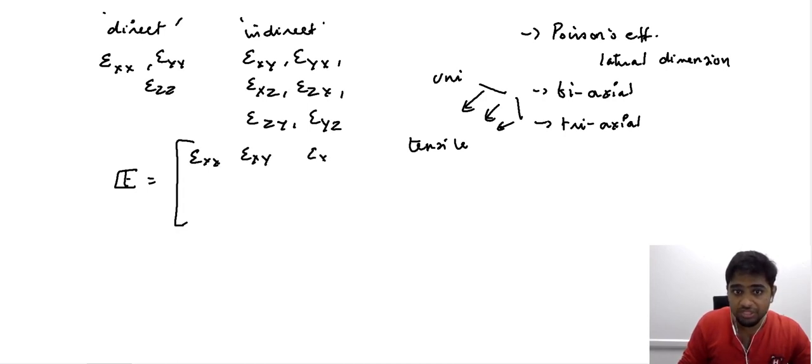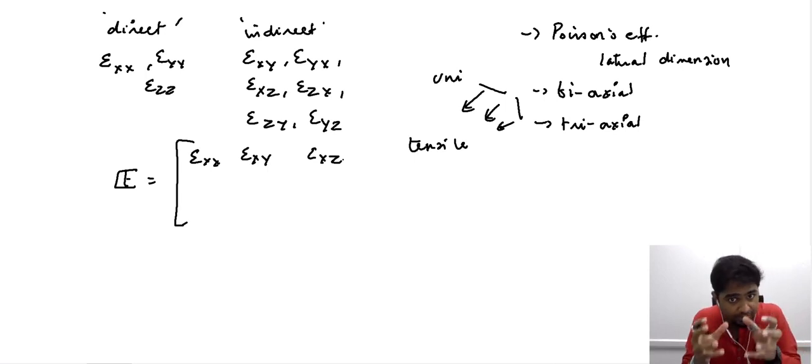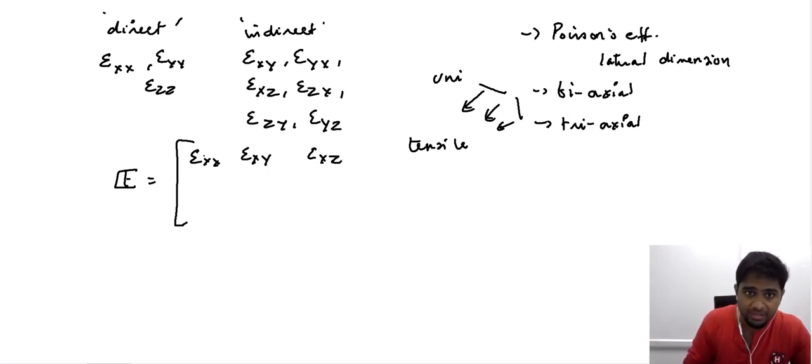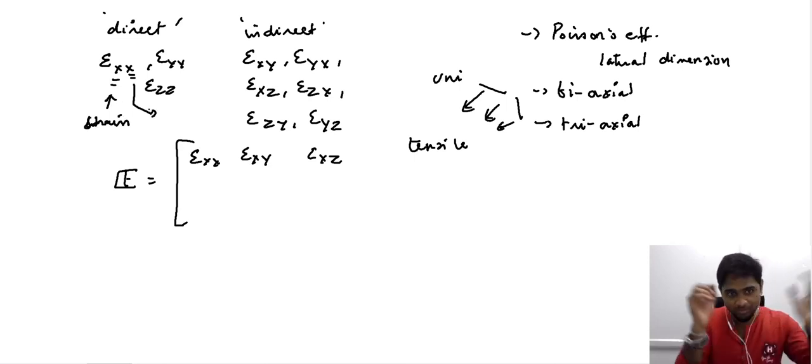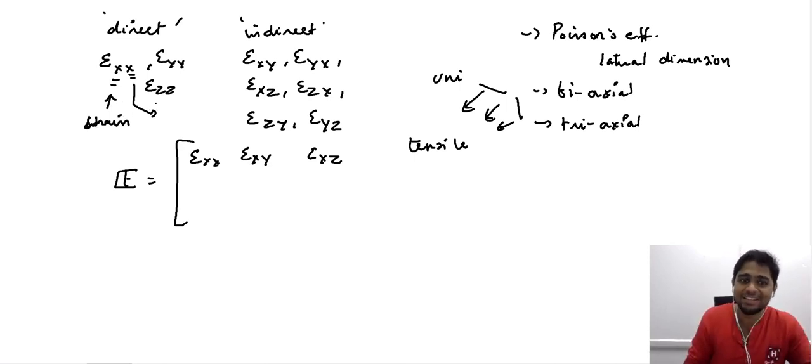So in each of these, the notations and the subscripts have a specific representation. The first subscript denotes the direction of loading. The second subscript, so this denotes the direction of load, or rather this denotes the direction of the strain. And the second subscript, please don't make that mistake which I just now made, that is the first subscript denotes the direction of the strain. The second denotes the direction of the loading.